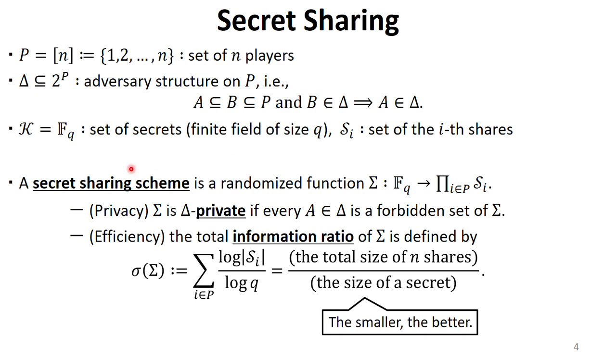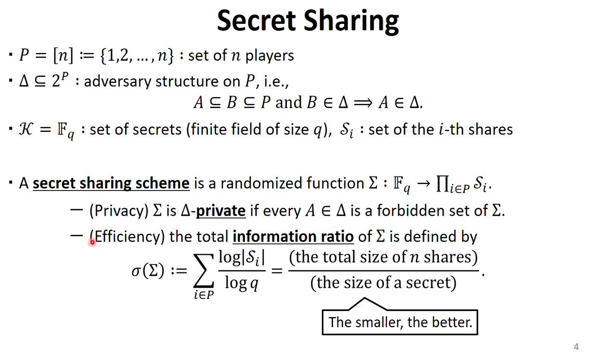Then a secret sharing scheme is a randomized function whose input is a field element and output is a table of n shares. Then we call the secret sharing scheme delta private if no information about the secret leaks out from a subset in delta.